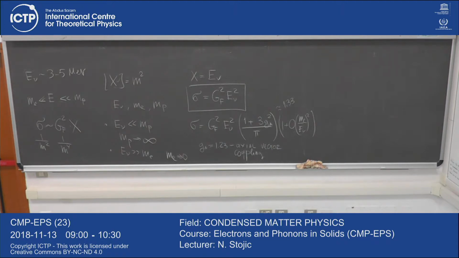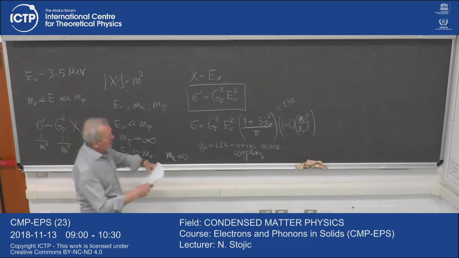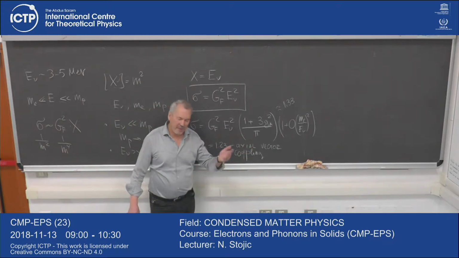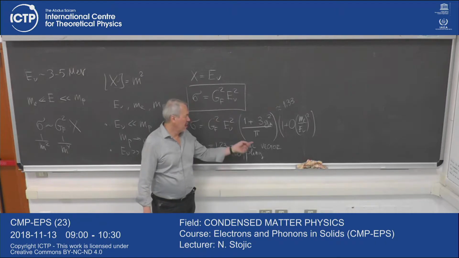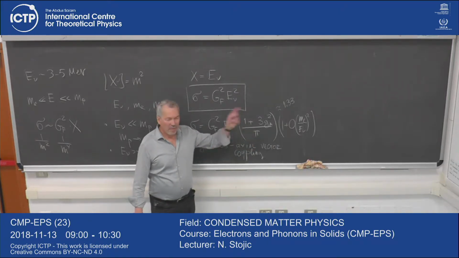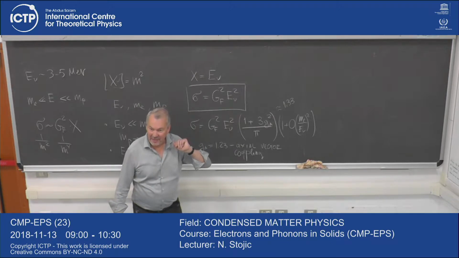Actually, with this you can restore. And there are also tricks, and experienced people who made the computations can actually predict what should be the power of pi here. And the power of pi here comes from a phase factor, which I have written.